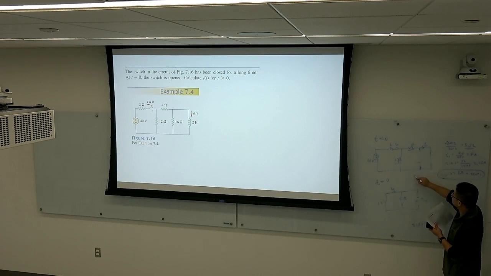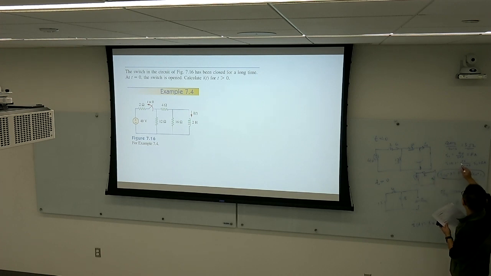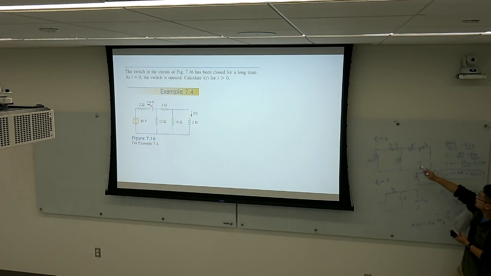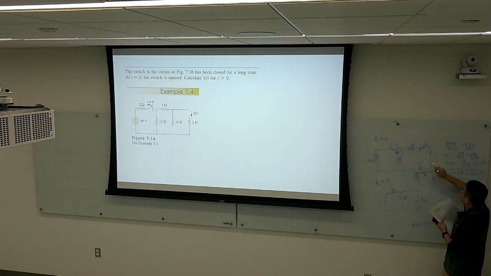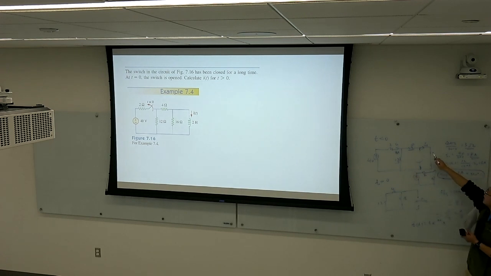So then we have the 2 ohm, 3 ohm, that is the current 8 ohm. So this is 8 ampere, and use current division on the 12 and 4. So we obtain that I1 equals 6 ampere.